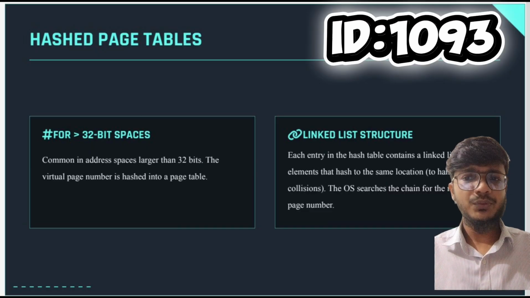A common issue here is collision, where multiple page numbers produce the same hash value. As you can see in the side, we handle collisions using a linked list. That means pages with the same hash value are chained together.